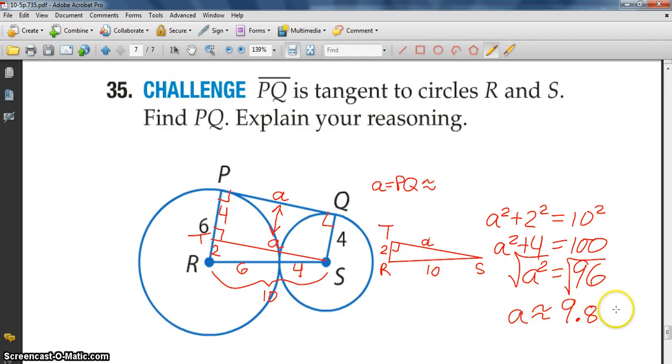So if A is approximately 9.8, then the side opposite from that, PQ, is also 9.8, because PQST is a rectangle, once again, and we use Pythagorean theorem. So this is my explanation. We use Pythagorean theorem to solve for A. And that's section 10.5.